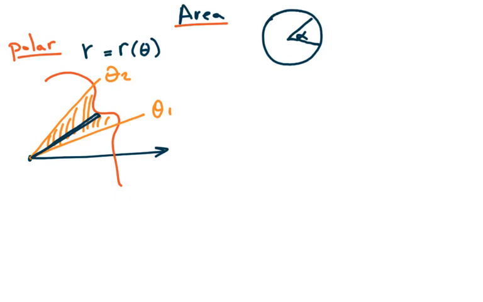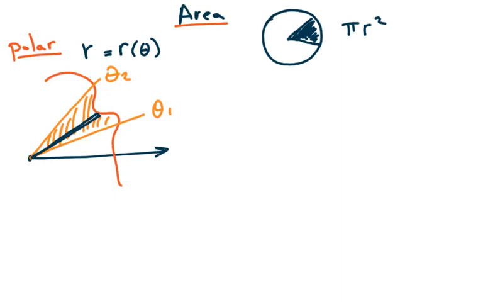angle, say alpha. So the area of all this region, we know that the area of the whole circle is pi r squared. And so the area of just this region here will be determined by that angle.